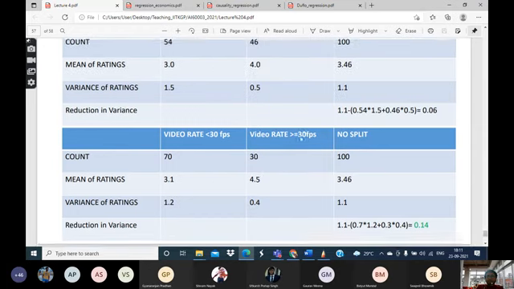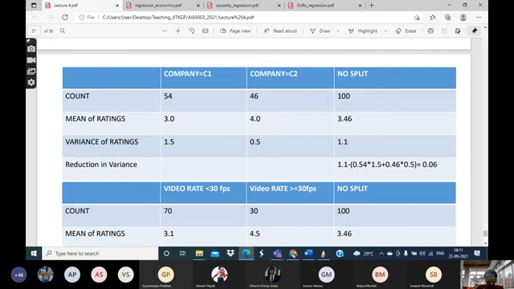So for example, if you look at this company feature, we find that the reduction of variance is 0.06. The initial variance was 1.1. When we did not split, when we had the full 100 examples, the variance of the ratings was 1.1, let us say.